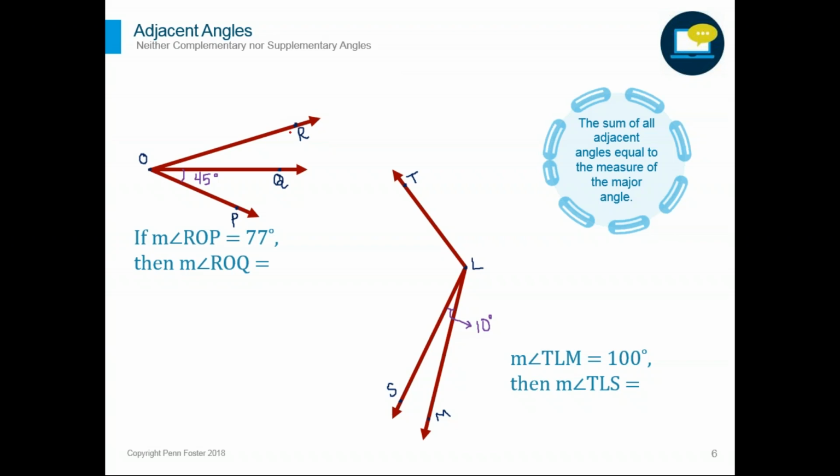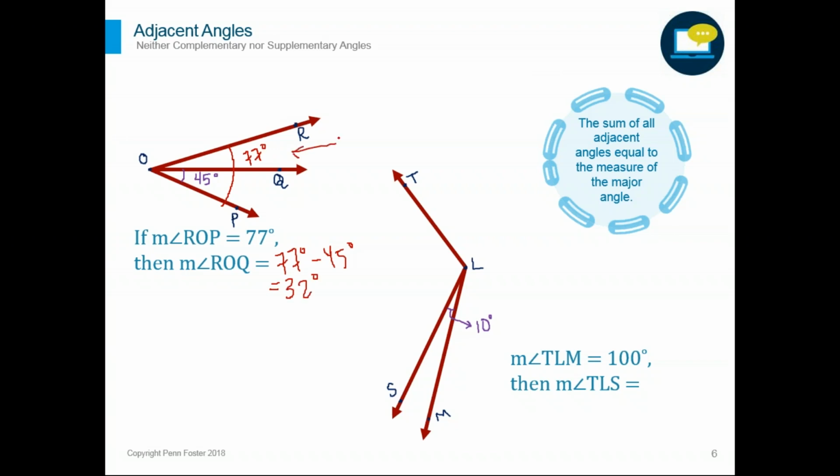So in this case, for example, ROP in the question is given as 77 degrees. So the measure of the total angle here is 77 degrees, and you know part of it is 45 degrees. We're going to still use subtraction, but we're not going to use 90 or 180. We're going to use the 77 minus the part of the angle, 45, and that will give you the other angle. So with simple subtraction, 77 minus 45 gives you 32 degrees for this angle.